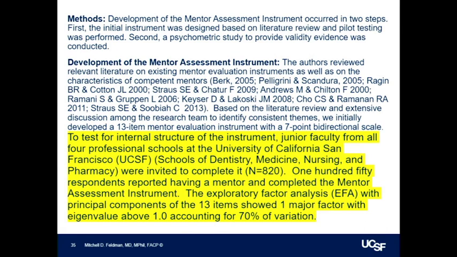So we developed a mentor assessment instrument, in a paper that I published a few years ago. And in our methods, we kind of pre-tested this at UCSF and the schools of medicine. We had N equals 120, and so on. We had some results.